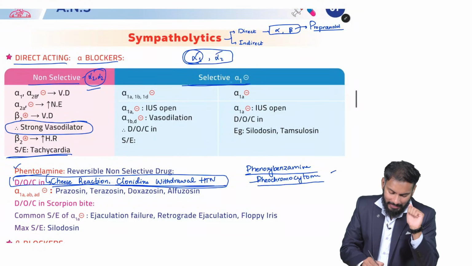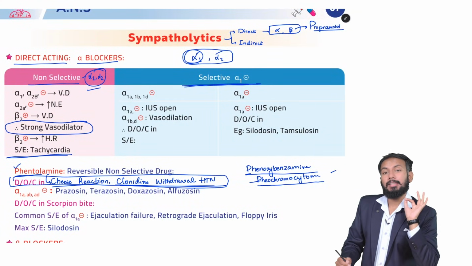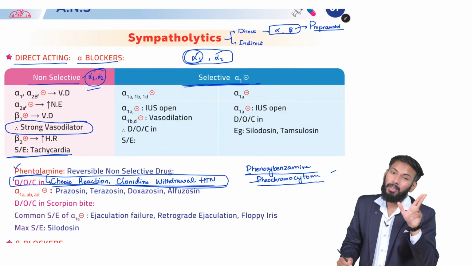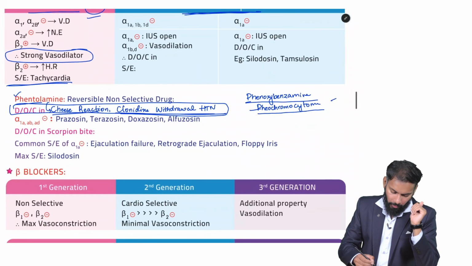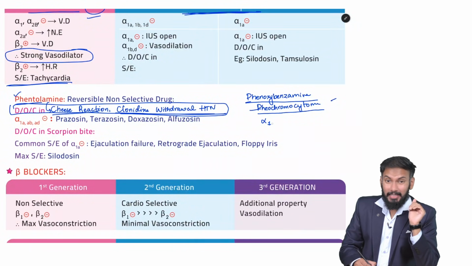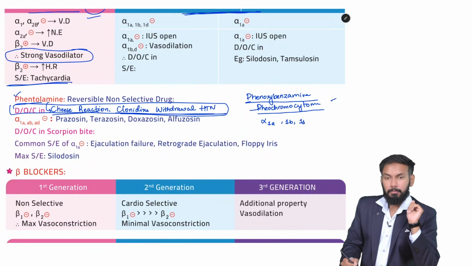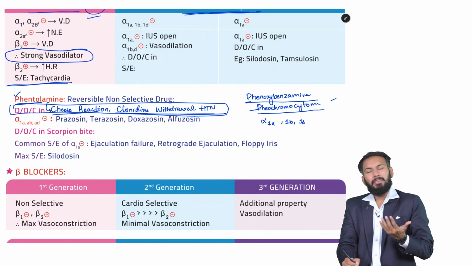Now coming to the selective alpha 1 blockers. Selective alpha 1 means it is blocking only alpha 1. Now unfortunately in alpha 1 again we have 3 receptors: alpha 1A, alpha 1B, alpha 1D. Now how did we remember the alpha receptor?